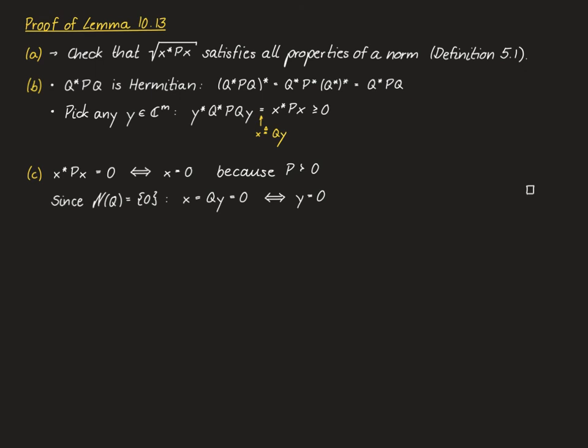Now, since by assumption the null space of Q is the trivial null space, this means that x, which was defined as Q times y, is 0 if and only if y is equal to 0. And therefore, y star times Q star P Q times y is equal to 0 if and only if the vector y is equal to 0, which concludes our proof.